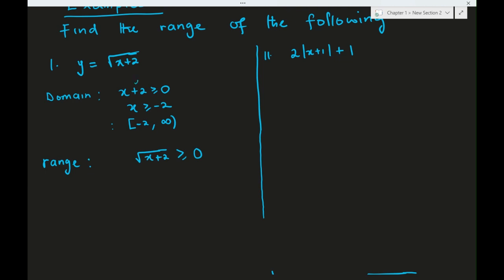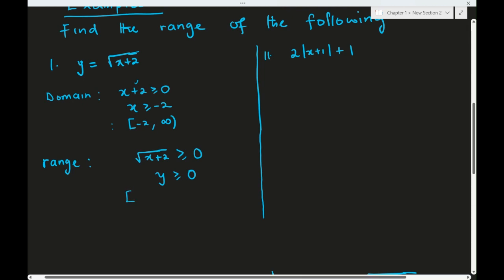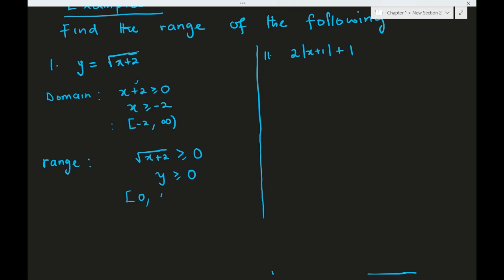Try to know the difference from the domain: for the domain we took just the content, but here we took everything, including the root. This is nothing but y greater than or equal to 0. So the range is from 0 to infinity.